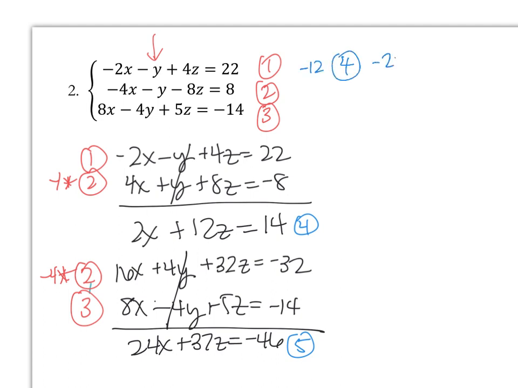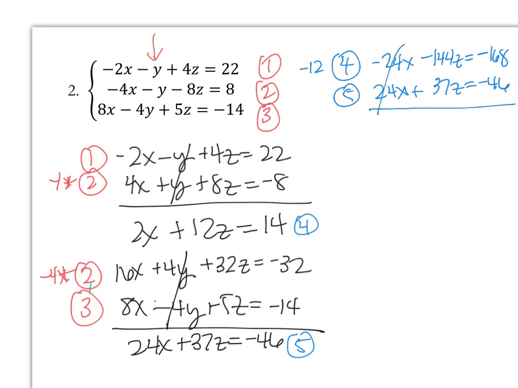So that's going to be -24x minus 144z equals -168. And then we're just going to copy equation 5 underneath: plus 37z equals -46.